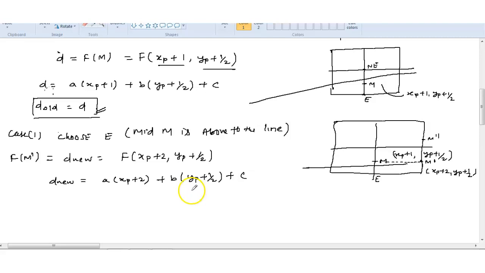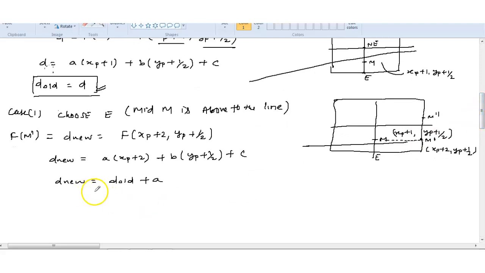If you compare these equations, d new is the same as d old plus an extra term.